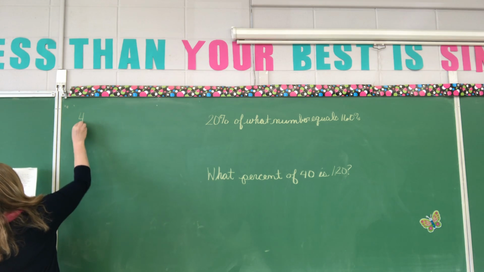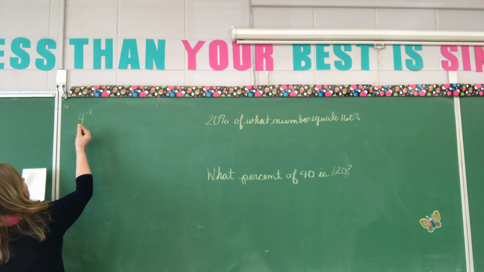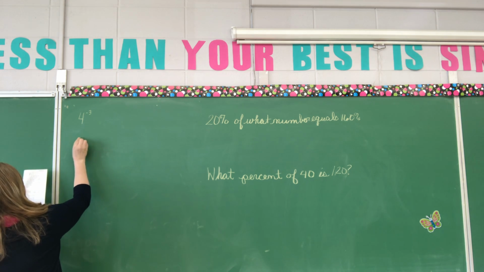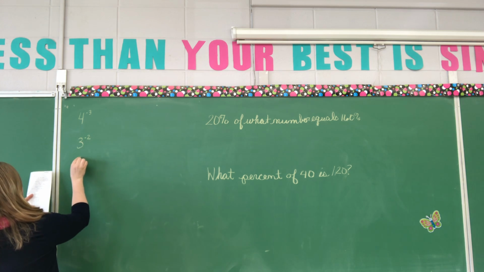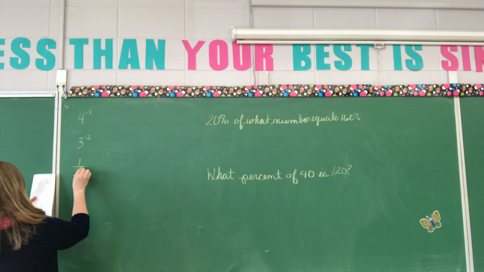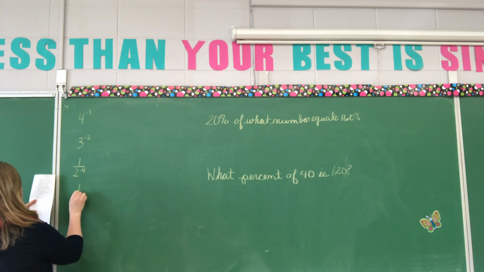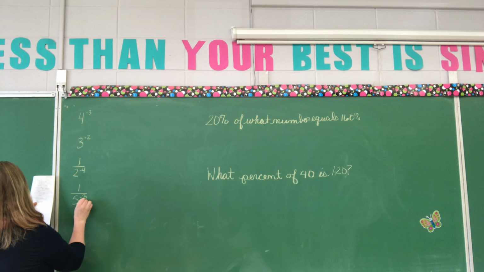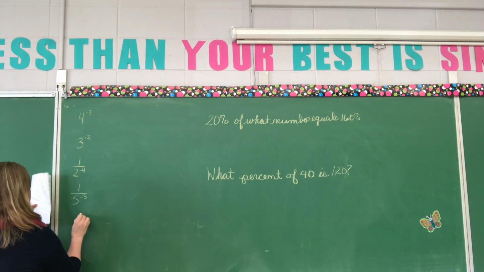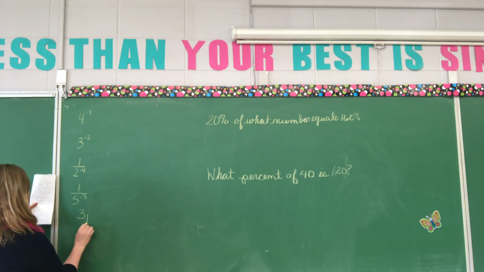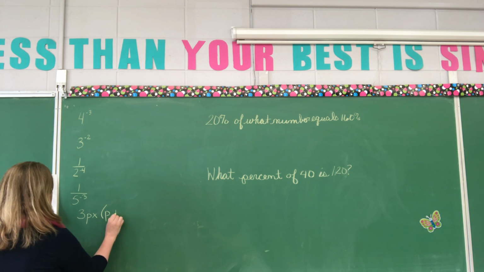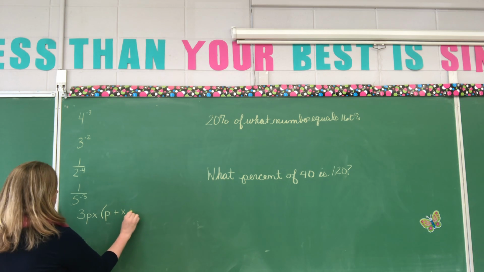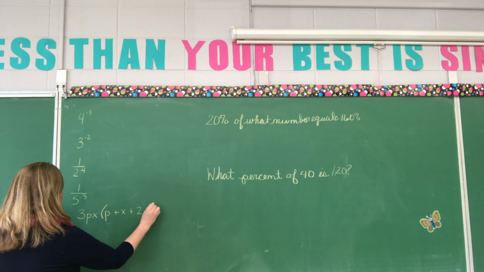Okay, I have 4 to the negative third, 3 to the negative second, 1 over 2 to the negative fourth, 1 over 5 to the negative third. And then I have 3px times p plus x, plus 2px.